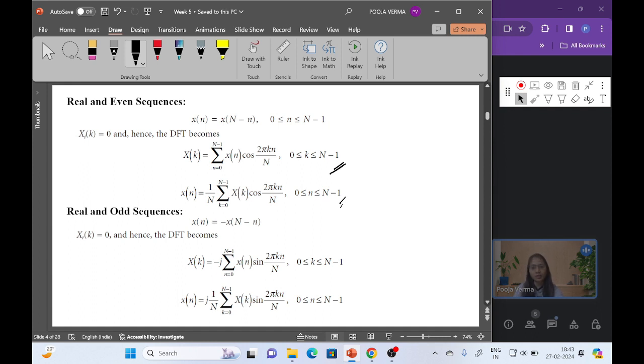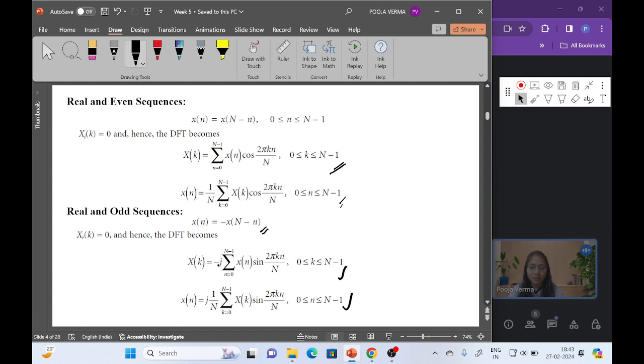Similarly, for real and odd sequences, the sequence follows the property x of n equals minus x of N minus n, and in this case the real part will be zero. So what will be the DFT of this sequence?